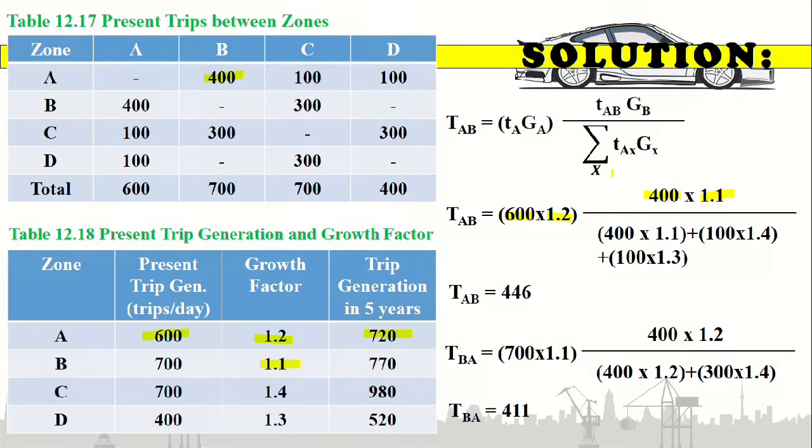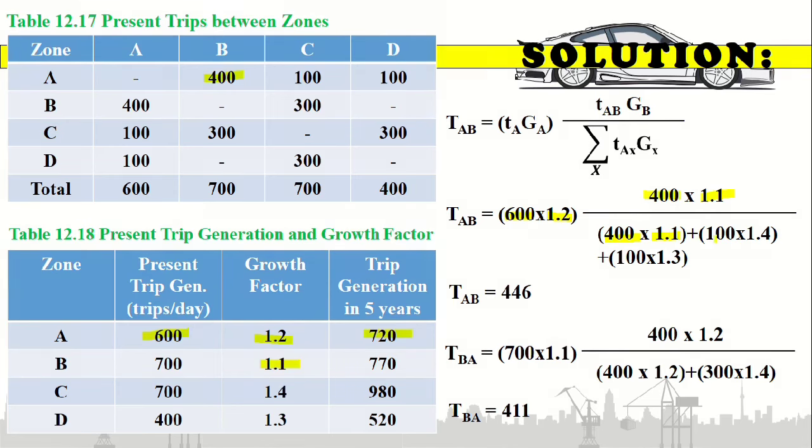So, next is the summation of TAX, GX. Trip at AB is still 400 and the growth factor at B is 1.1.